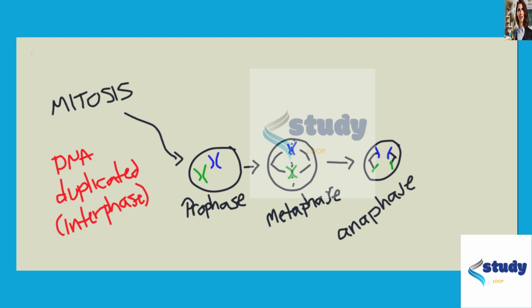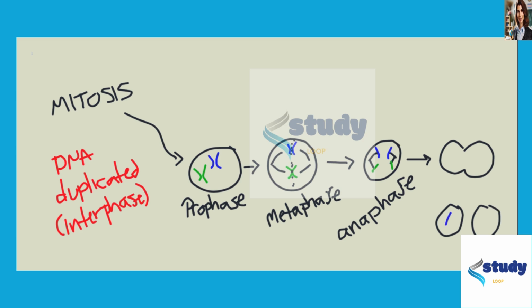Okay. And then we have one last phase here, and this is where the cell pinches in the middle, and then eventually separates into the two identical daughter cells, right?